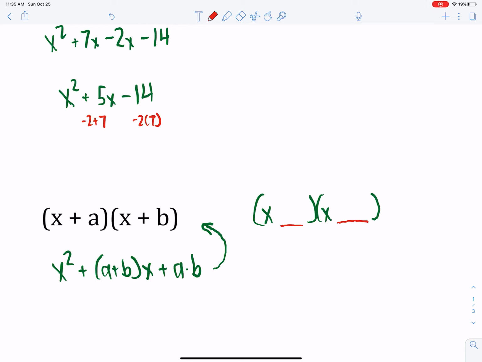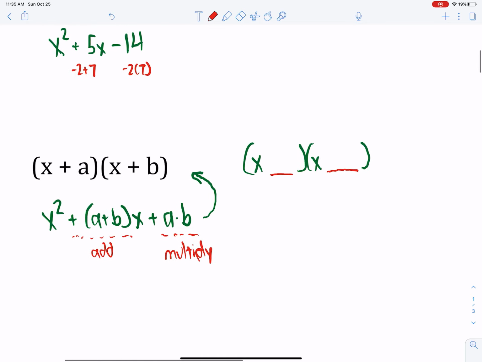You're going to look at your middle number and your last number. You're going to find two numbers that add to the middle number and that also multiply to be the last number. When you can find two numbers that add up to that middle coefficient and multiply to that last number, that tells you what to put in the groups.